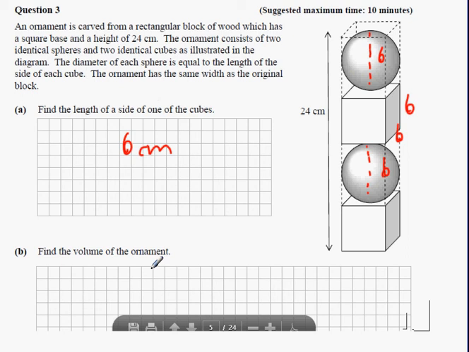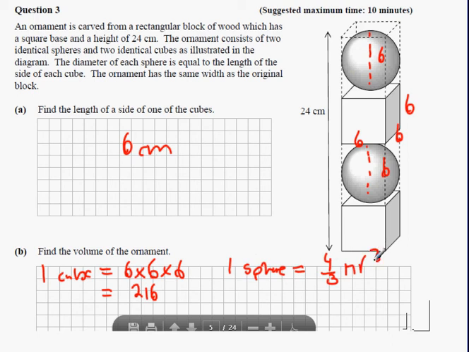Find the volume of the ornament. 1 cube equals, anybody? Length by width by height? 6 by 6 by 6, which is 216. 1 sphere equals what, guys? 4/3 pi r cubed.